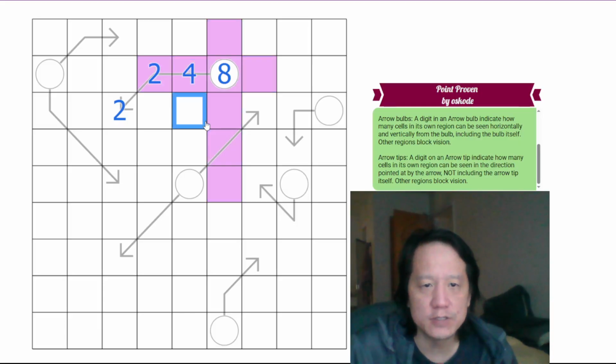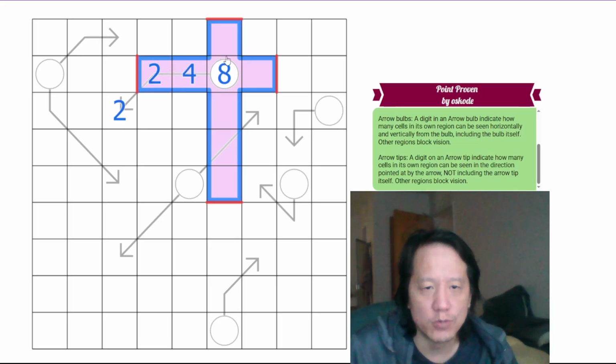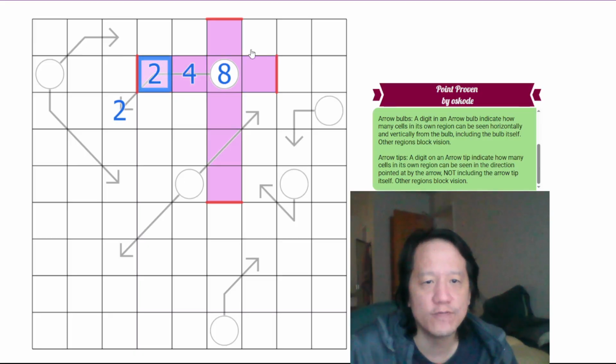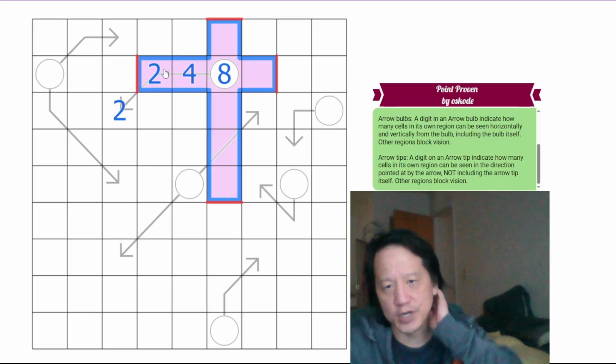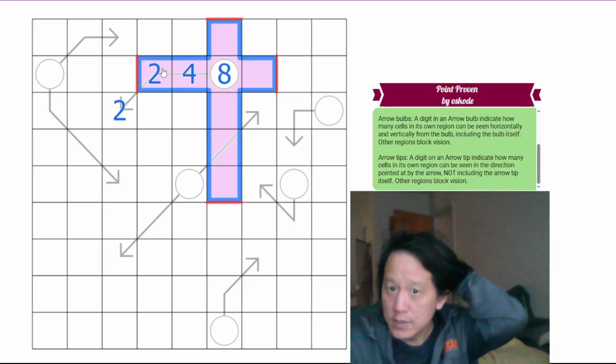This would be its own region, and these would be boundaries here. It sees itself and 8 cells of its own region, horizontally and vertically.